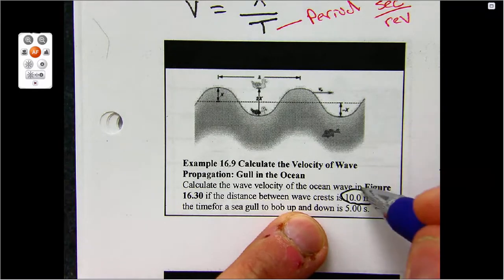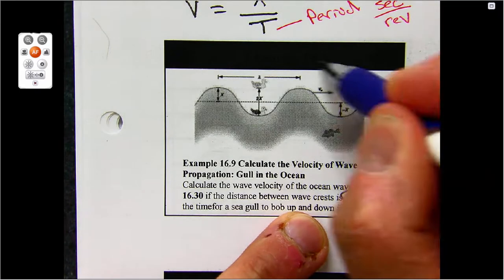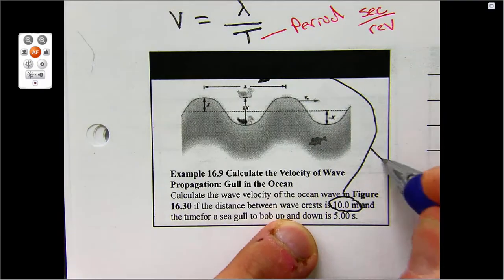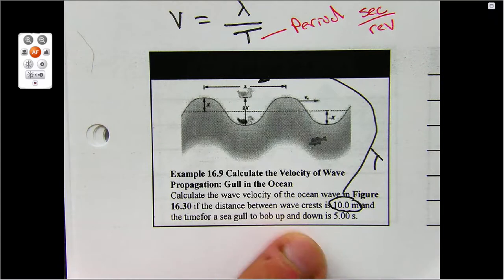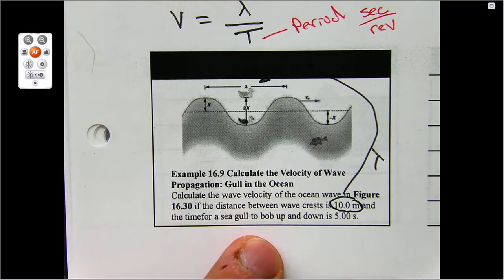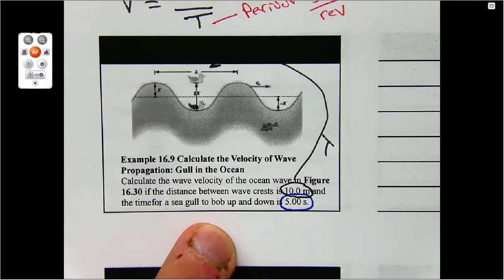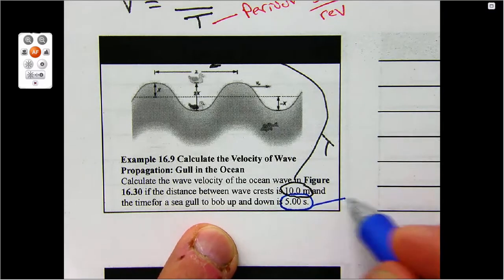Then that is a wavelength, isn't it? Our wavelength is 10 meters, and that gull goes up and down in 5 seconds. So if that's 5 seconds, that's a period, right?